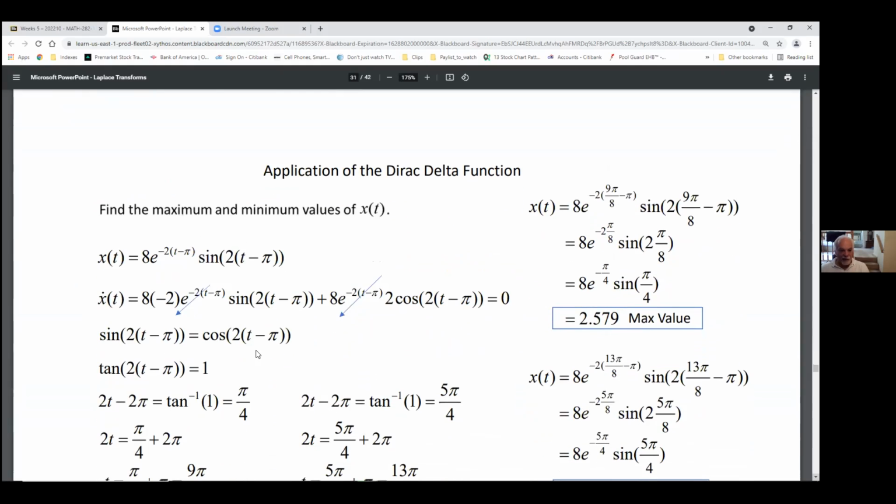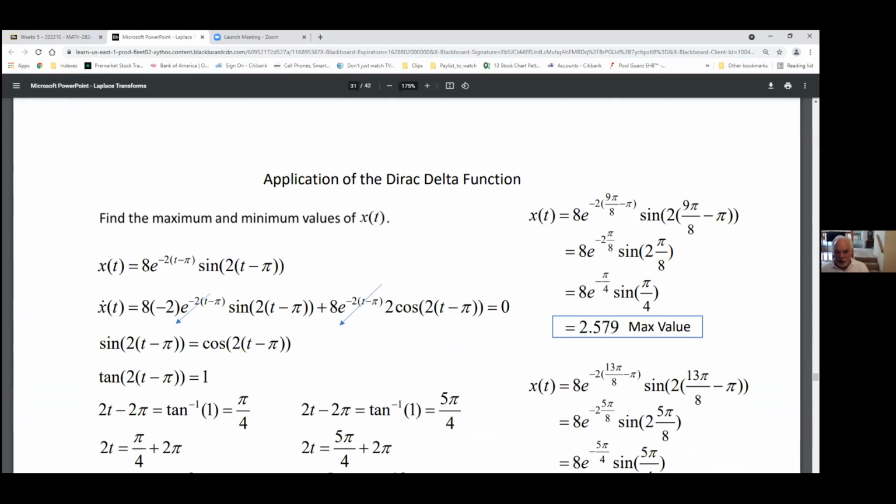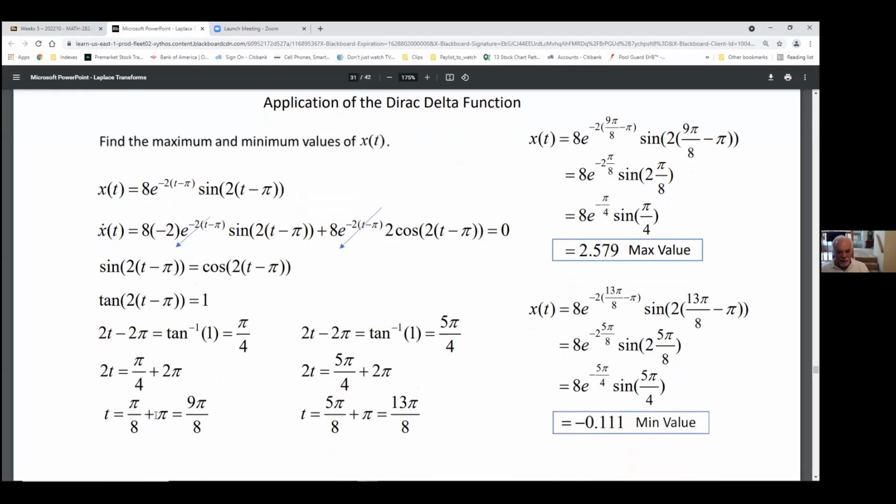Right, you just take the derivative and set it equal to 0, and then solve for the time. Then you get T, right? So that's what's going on here. I think I do actually define the min and max values. So make sure you can follow this.